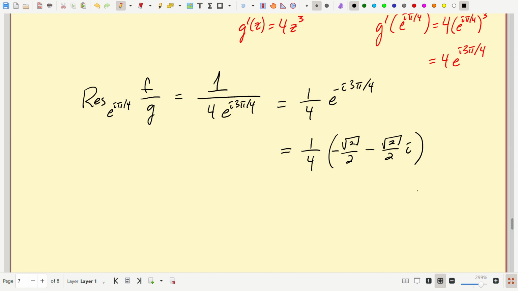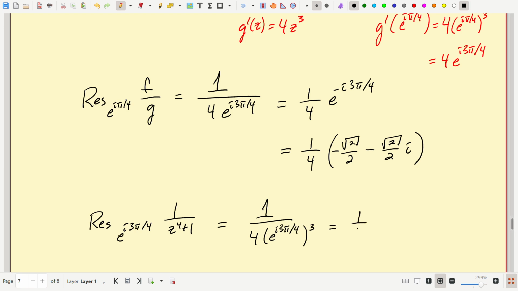And then you can do the same at the other spot. I won't do it because I'm running out of time. But at e to the i 3 pi over 4, the residue of 1 over z to the 4th plus 1 would be equal to 1 on the top, and then you'd get 4 times e to the i 3 pi over 4 cubed, which would be 1/4 e to the minus i 9 pi over 4.